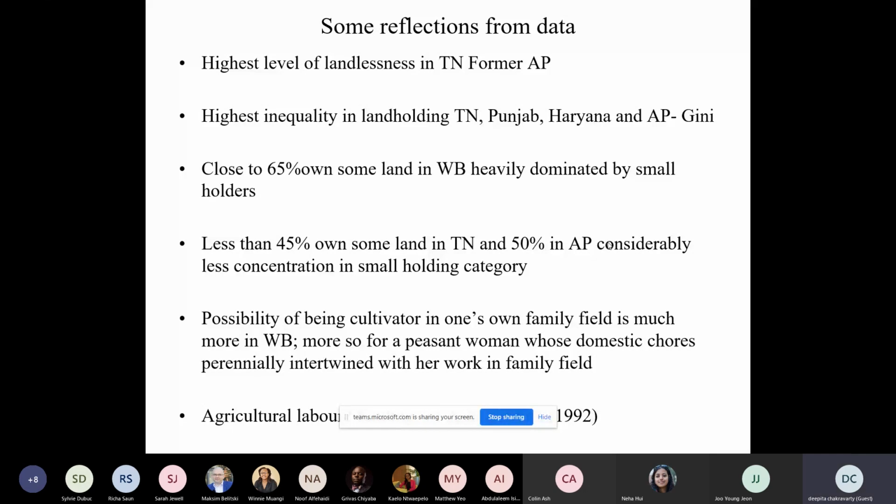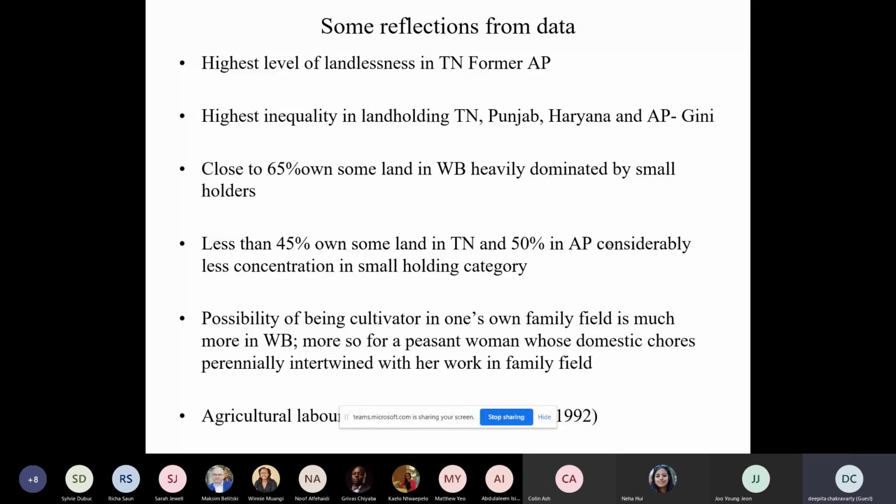So, given these empirical facts from the landholding pattern of Indian states, and given the earlier research that I was discussing about the relationship between landholding pattern and women's workforce participation, one can make a reasonable conjecture.